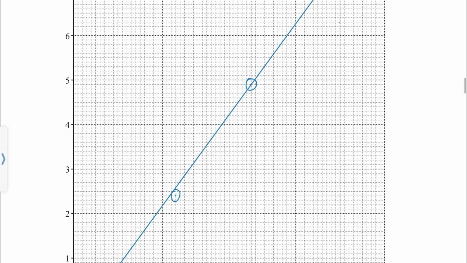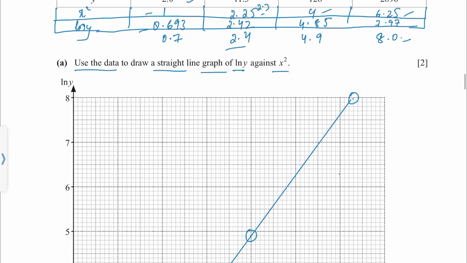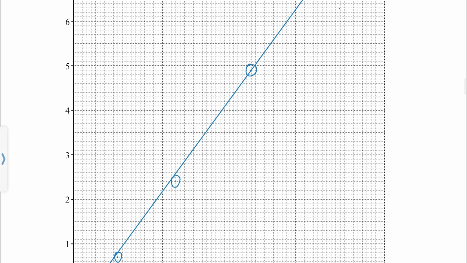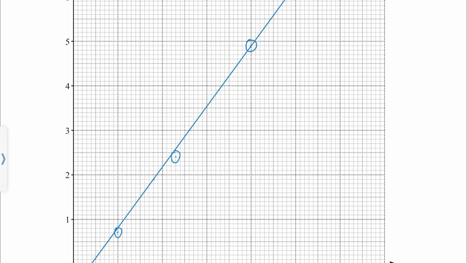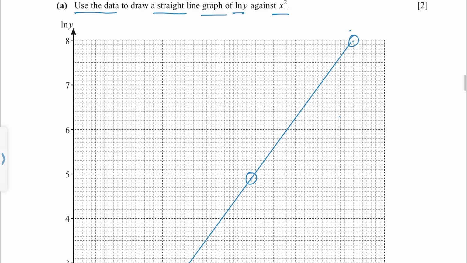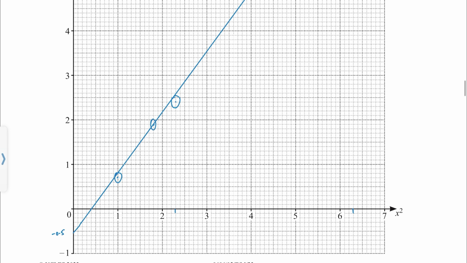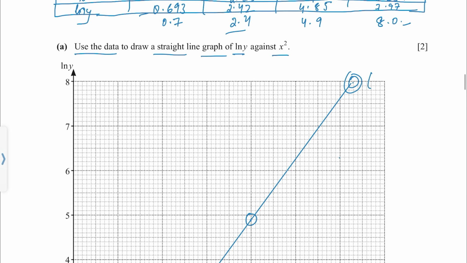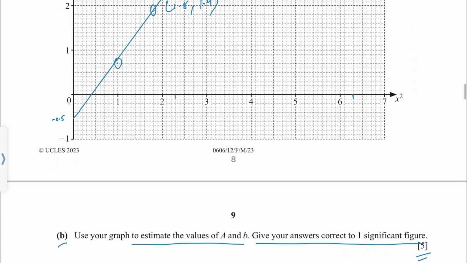Now what we need to do is calculate the gradient. So for the gradient, we can use these two points, I guess, this point and then this point. So that would be 1.8, comma 1.9, and this would be considered as 6.3 and 8.